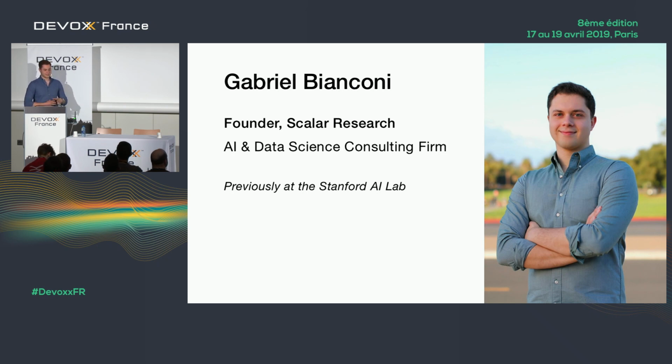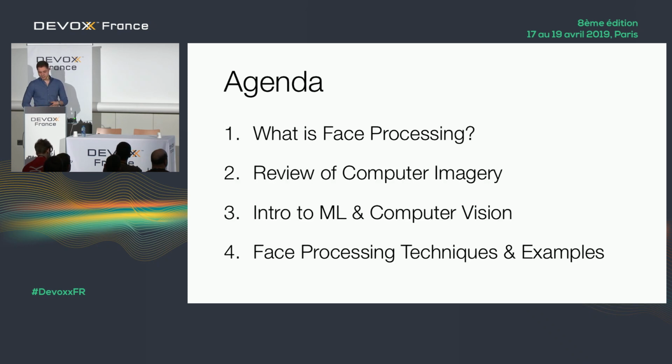So I want to basically cover at a high level what is face processing, how computer vision can help us with this, and some of the implications of this field. During this talk, I'm going to cover four main topics. The first one is just a high-level overview of what is face processing, what are some of the tasks people are researching in this field, and so on.